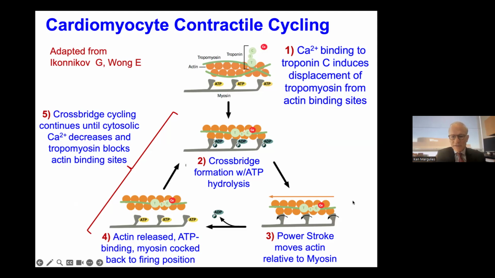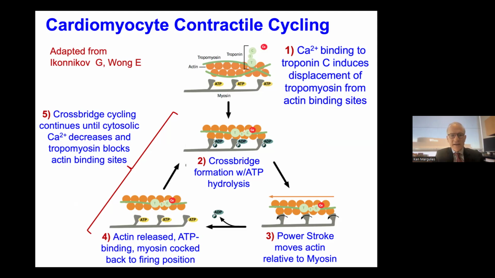It moves actin relative to myosin, and that's the power stroke. And then actin is released. There's ATP binding again for the next hydrolysis event. Myosin gets cocked back into the pre-firing position.